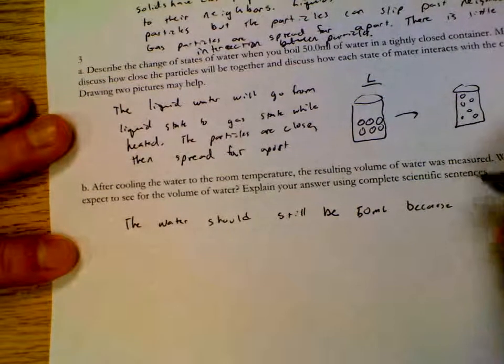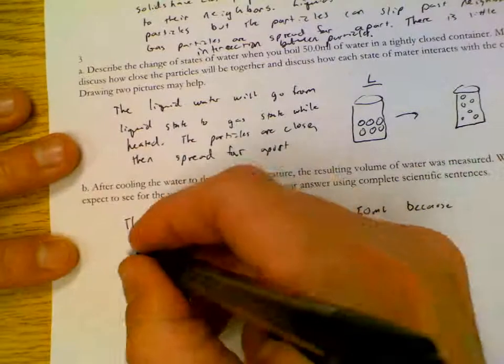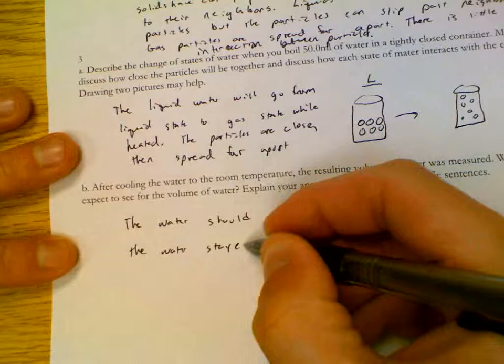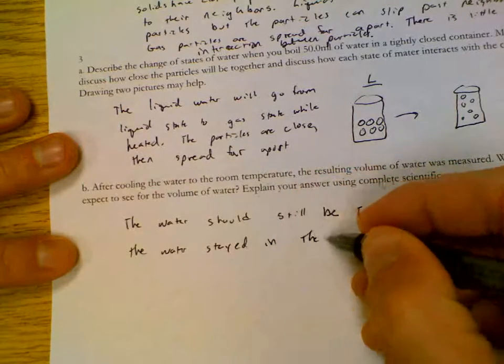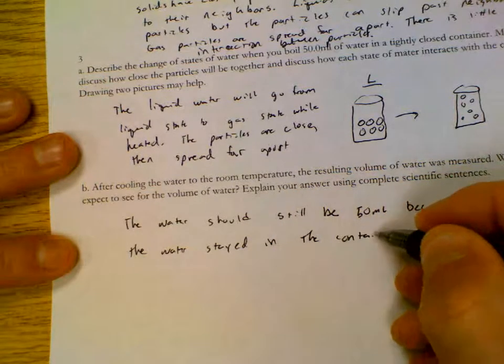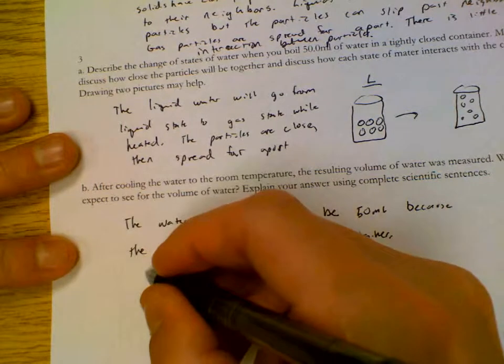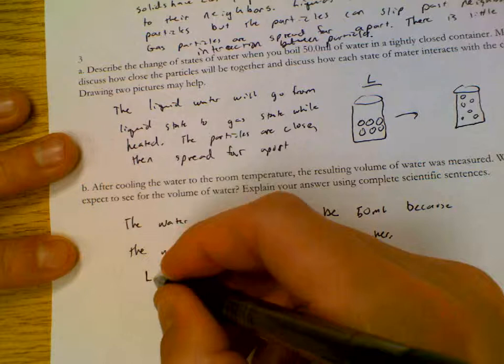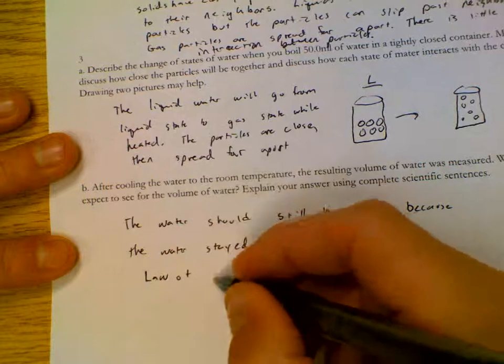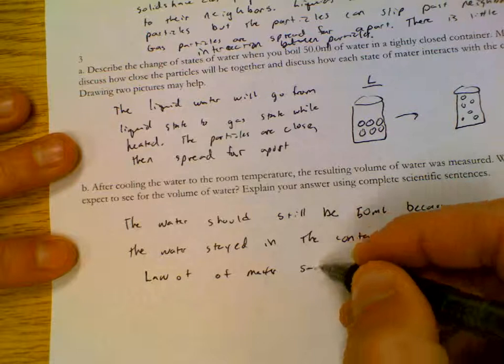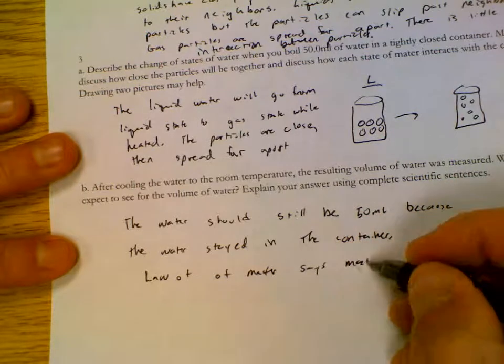And that's because the water stayed in the container, which would give us the concept of the law of conservation of matter. So that matter can't be created or destroyed.